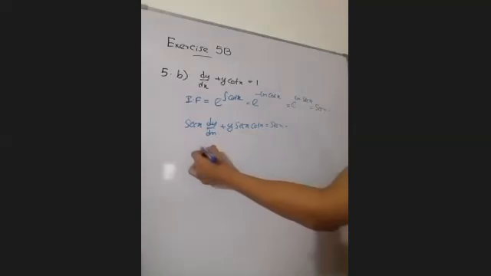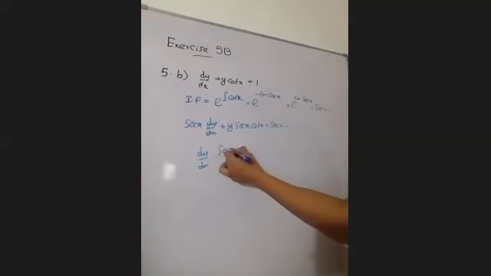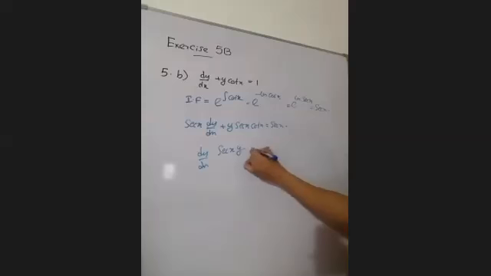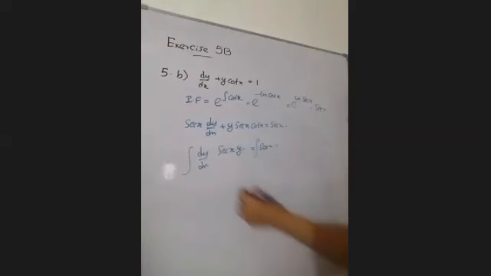So from this we can write d by dx of sec x times y is equal to sec x. Then integrate both sides, then this turns up to sec x y equals the integration of sec x. What is the integration of sec x? Can you remember?